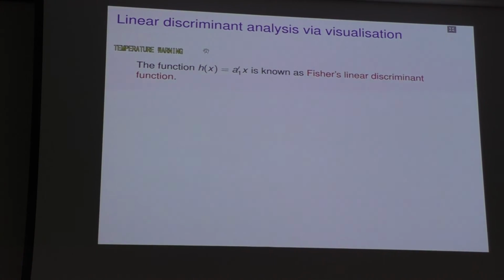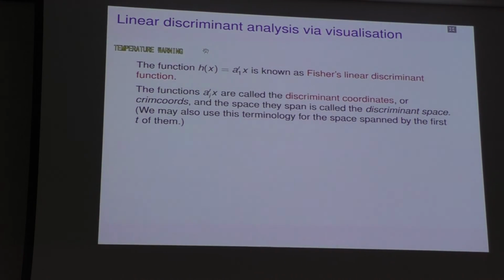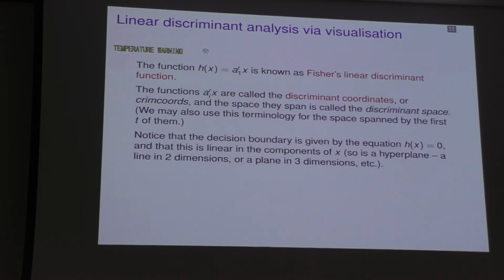As I say, A1 dash x is Fisher's linear discriminant function, and the subsequent things are known as discriminant coordinates. And the decision boundaries are given by values of h of x.